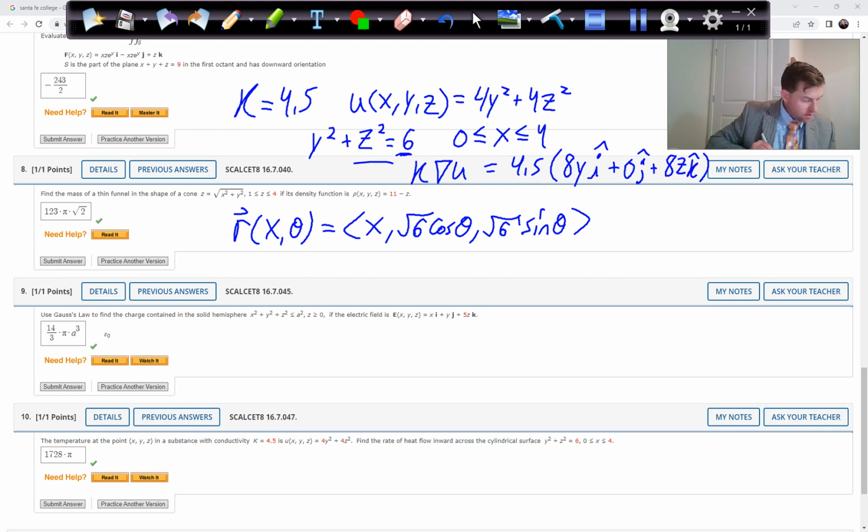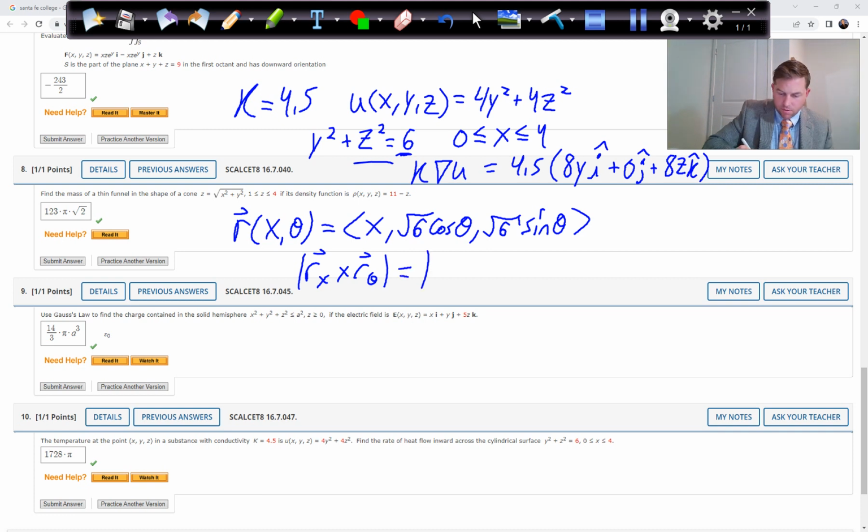Okay, now we're going to find R_x crossed with R_theta, magnitude. So partial derivative of x is just going to be 1, 0, 0. Partial derivative of theta will be 0, square root of 6 sine theta, negative square root of 6 cosine theta. If you take a cross product and the magnitude, you should get, oh, I didn't take the magnitude in this, I just did the cross product. Well, let me actually show that step.